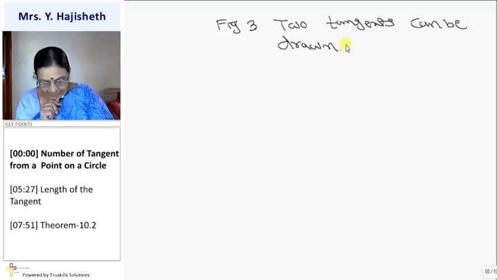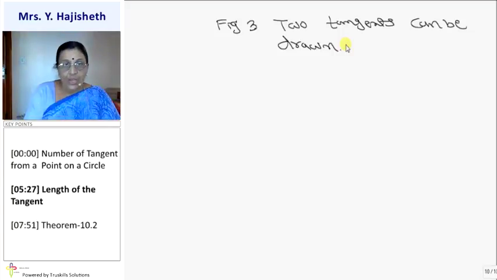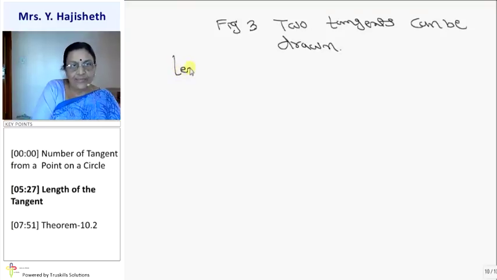PM and PN. Okay? And how do I define the length of the tangent?